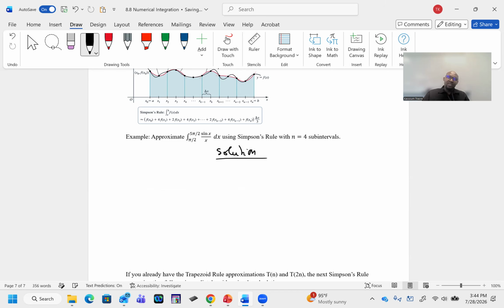First thing, let's find our delta x, because we know a is pi over 2, b is 5 pi over 2, then delta x will be (5 pi over 2 minus pi over 2) divided by 4, which will be pi divided by 2.